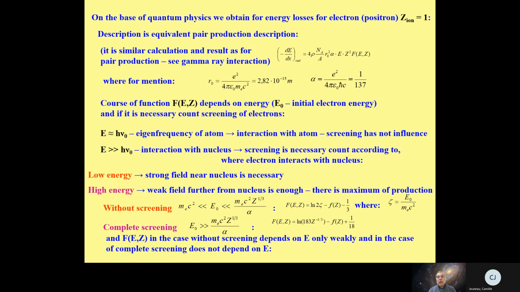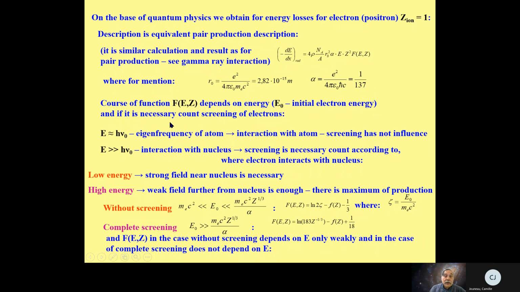Okay, that means it is possible to describe these radiation losses in a similar way as for pair production. If you remember again, here it is possible to use the basic constants, which are the classical radius of the electron and the constant of electromagnetic interaction.